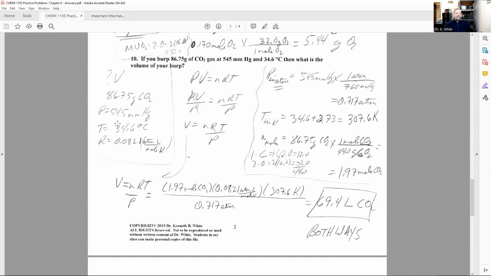So what's degrees C? 34.6 degrees C. Add it to 273, and I get 307.6 Kelvin. Now, this is a little tricky. When you add, you get the same number of significant figures to the right of the decimal as the number you're adding that has the fewest significant figures to the right of the decimal.